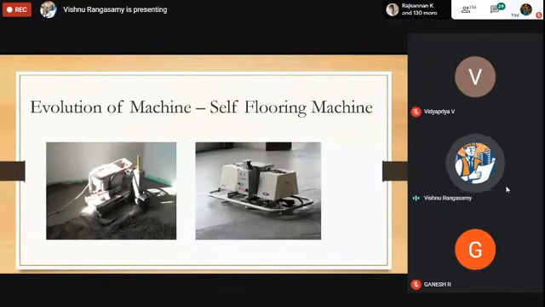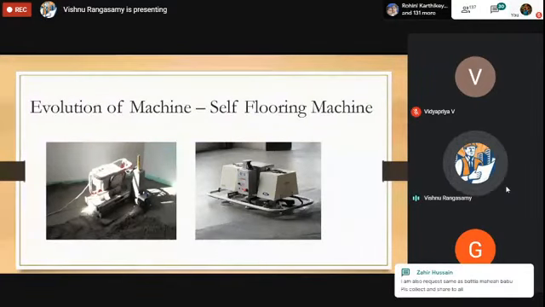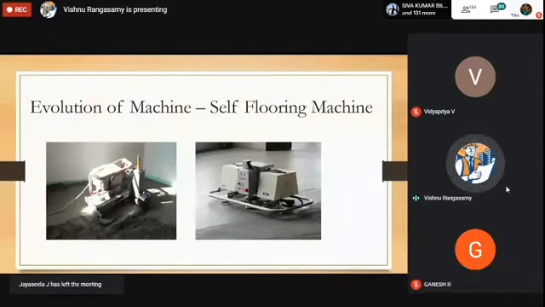Once it is done, if you start the machine, you have a remote control. These types of machines work on an hourly basis. For 1 hour, it will do flooring of up to 200 to 300 square feet. So it is highly efficient when compared to human labor. The efficiency will be maintained throughout the day.